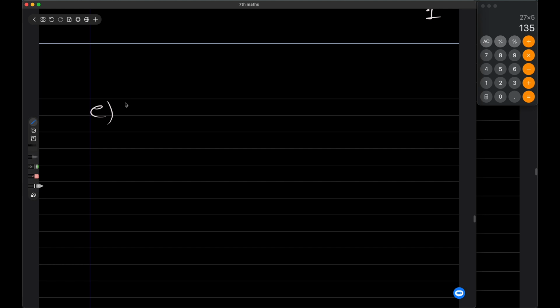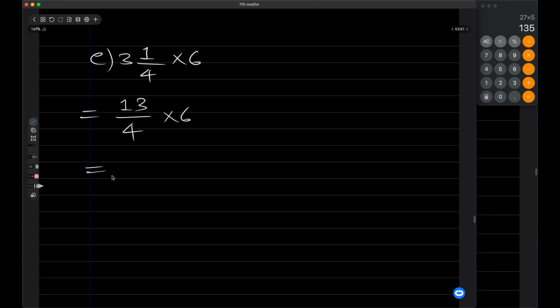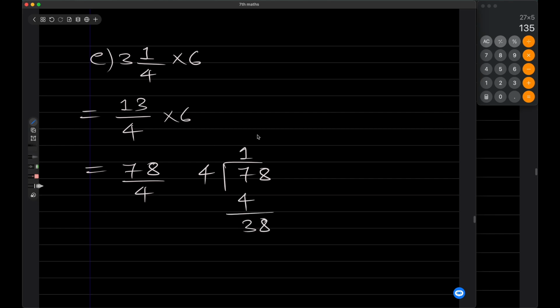E, 3 whole 1 divided by 4 into 6. First convert it into improper fraction, that is 4 3s are 12 plus 1 is 13 by 4 into 6. 13 into 6 divided by 4. Now to convert it into mixed fraction, we have 19 whole 2 divided by 4.